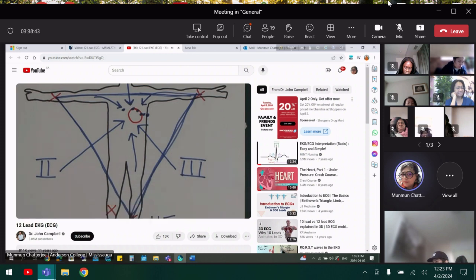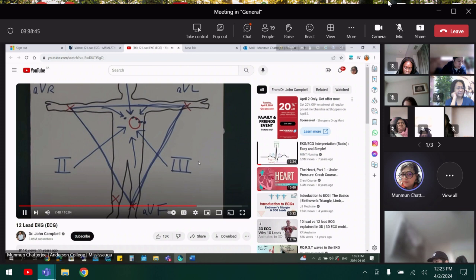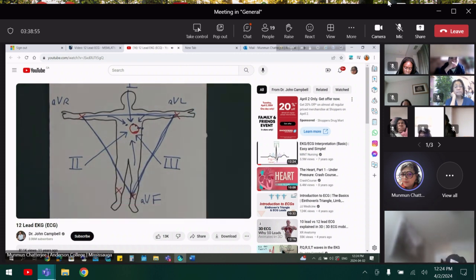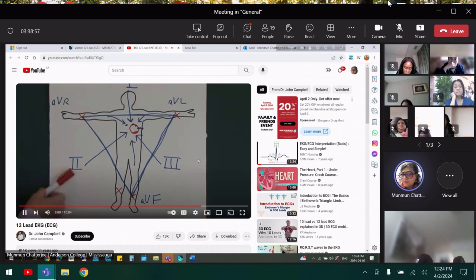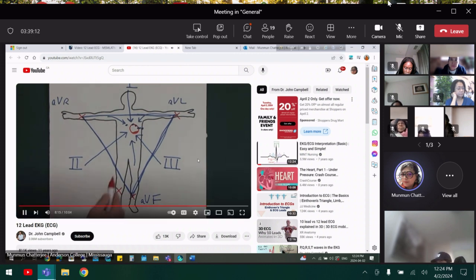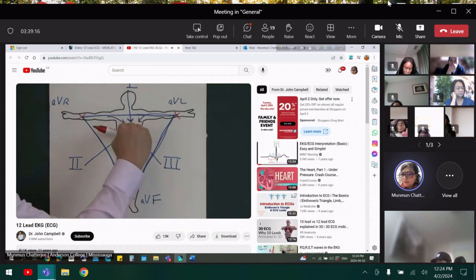So, for example, if someone has an inferior infarct, that can be seen on the inferior leads. If the infarct's at the bottom of the heart, that's going to give ST elevation on leads 2, 3, and AVF. They're the leads that see the bottom of the heart. They're looking at it from the bottom. Or if there's an anterior infarct, V1, 2, 3 are on the anterior surface of the chest.